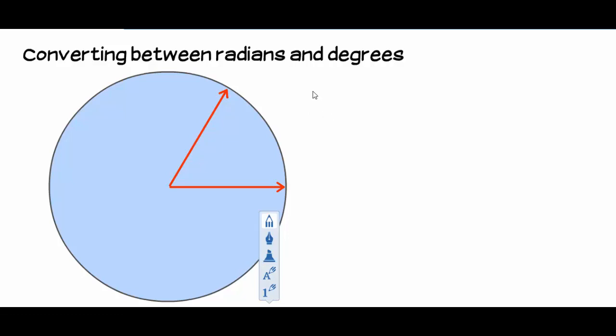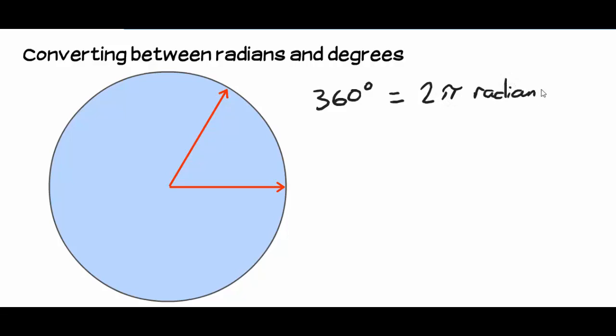So if we know that 360 degrees is equal to 2 pi radians, so if we want to convert, let's go from degrees into radians to begin with.